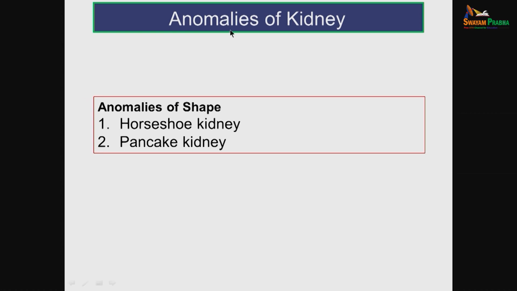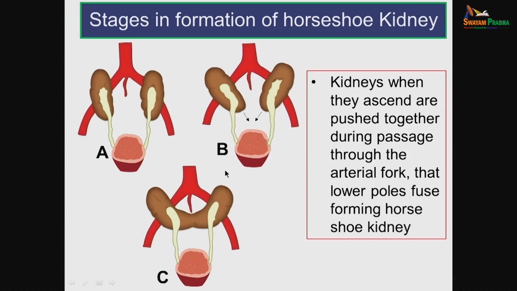Next, coming to the anomalies of shape of the kidney, two things deserve mention. One is called horseshoe kidney. The other one is pancake kidney. We look at the details of these two conditions. First is horseshoe kidney.